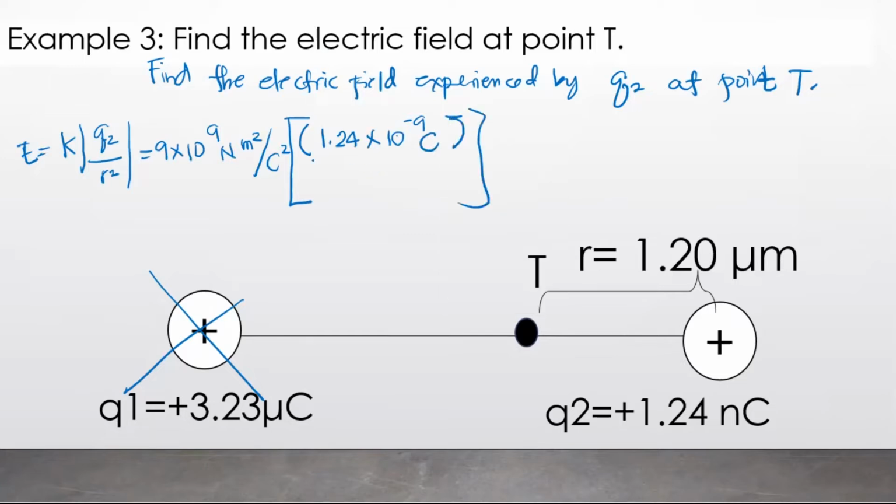And the distance is 1.20 times 10 raised to negative 6 meter squared. You can try it. You can post your answer, even if it is wrong, okay, as long as you have participation for today.